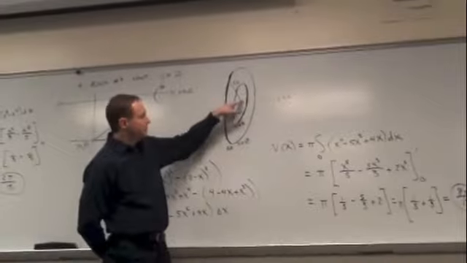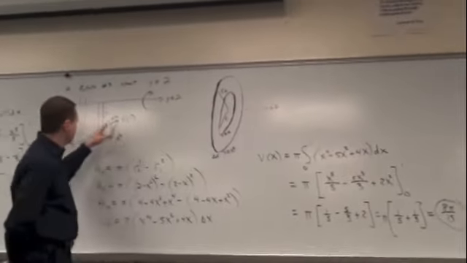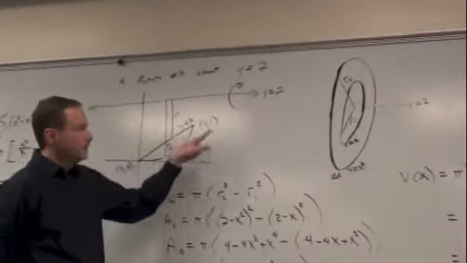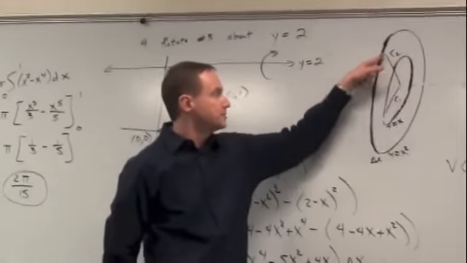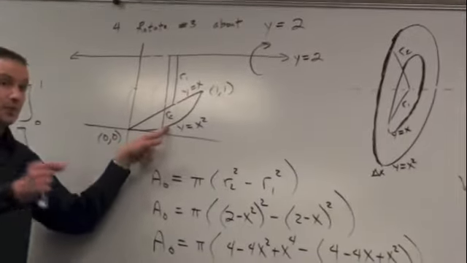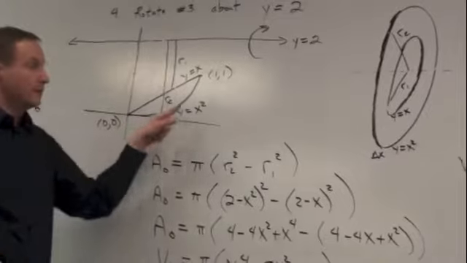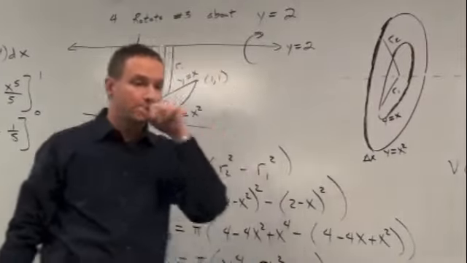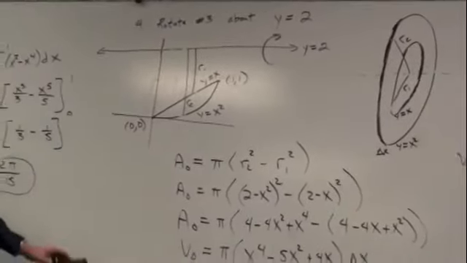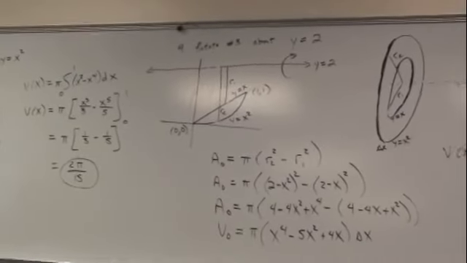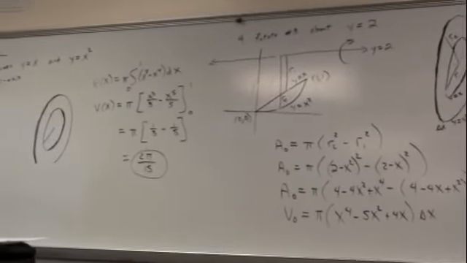The inside part's going to be from y equals 2 to that inside curve y equals x. The outer revolution is going to be from y equals 2 to the curve x squared as it goes around. It's always going to be the outer function involved. Okay. All right. Up next.